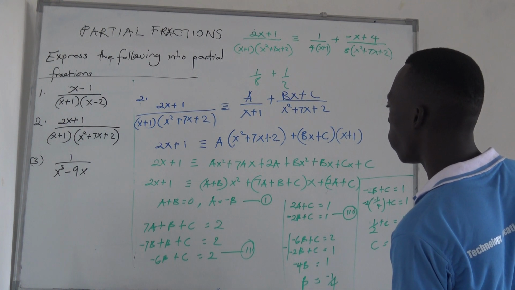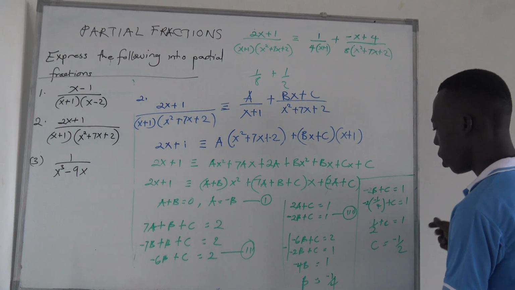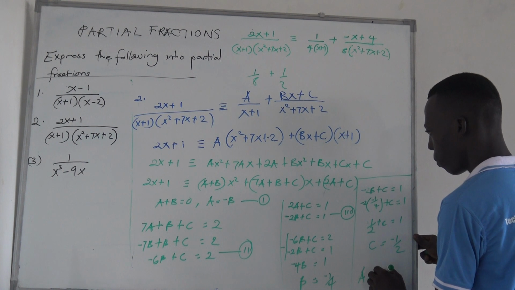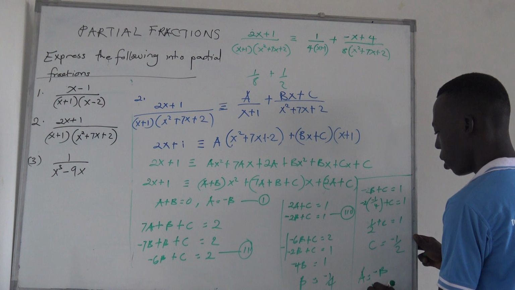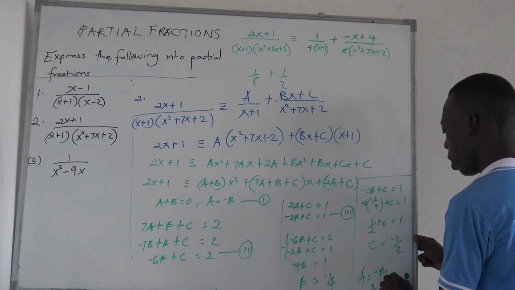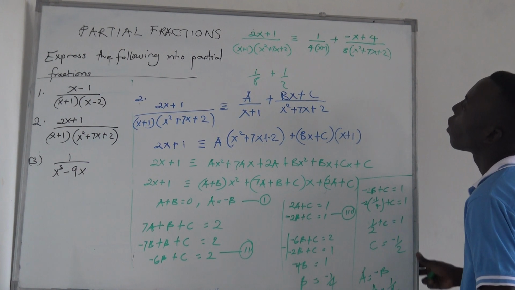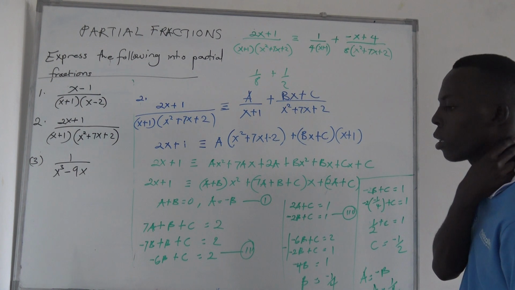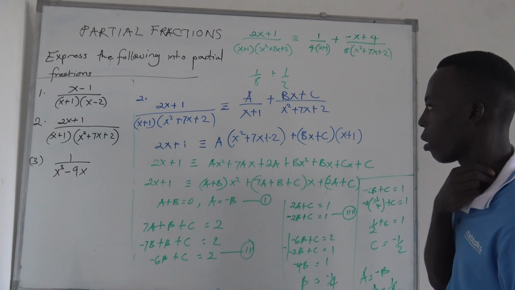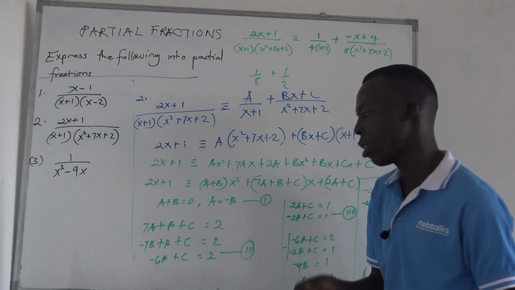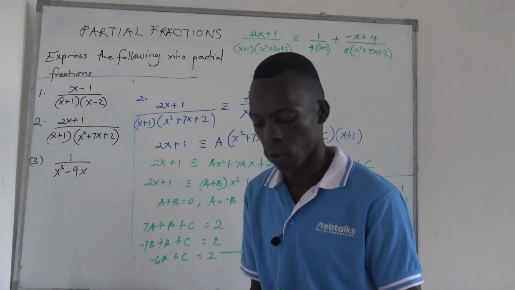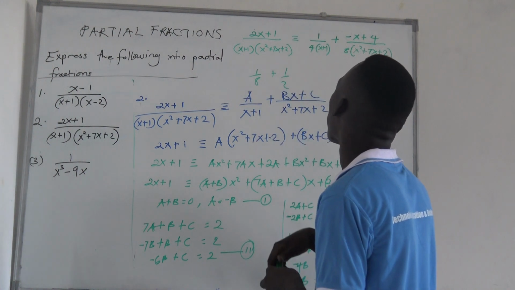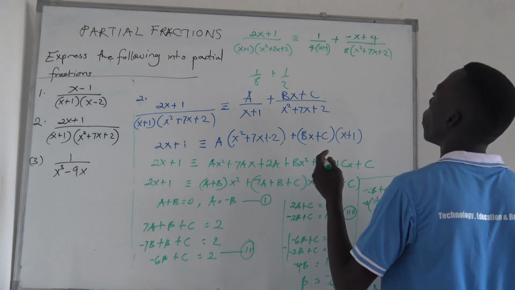Then we have to get now the value of a. So our a is negative b. That means our a is a quarter. So I think those are the values which we have got. Now if we have got that, that means everything you have got is correct, and you have substituted back.